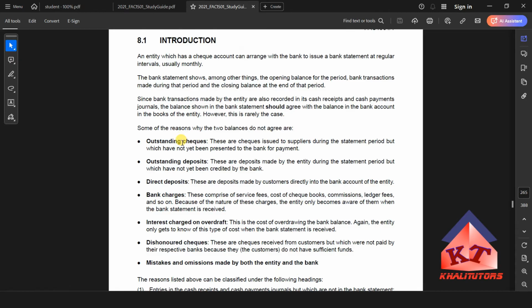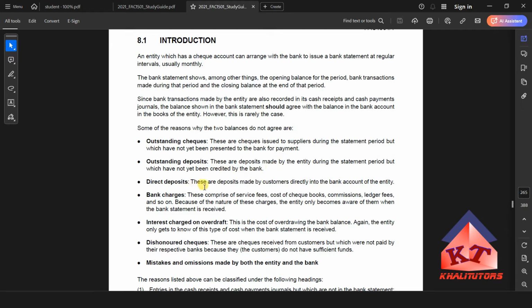So the question now is, what do we mean by outstanding checks? These are basically checks issued to suppliers during the statement period but which have not yet been presented to the bank for payment. And outstanding deposits are deposits made by the entity during the statement period but which have not yet been credited by the bank.